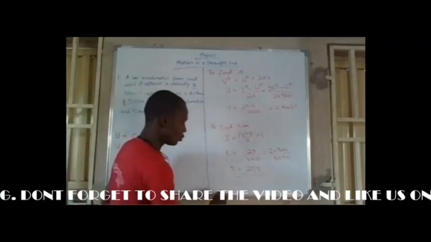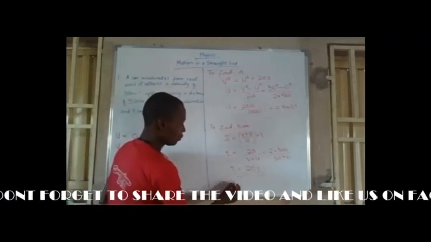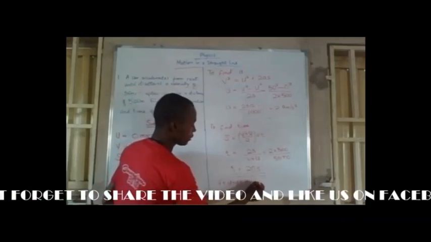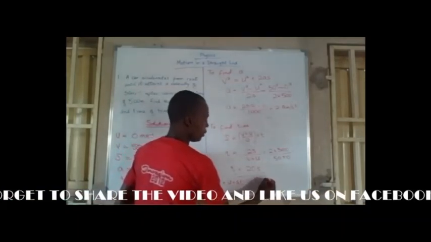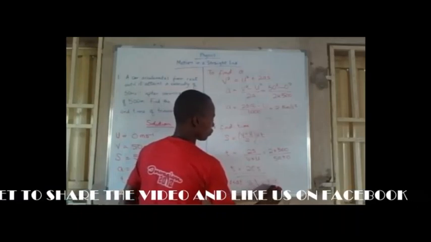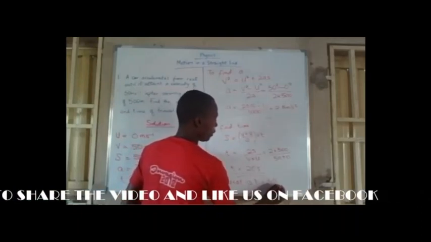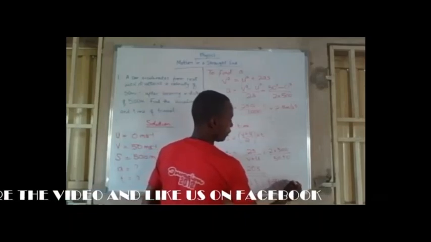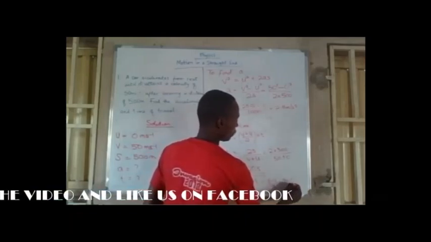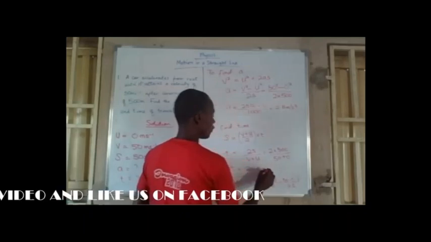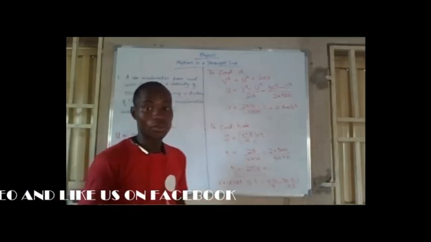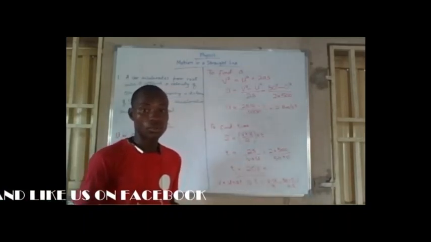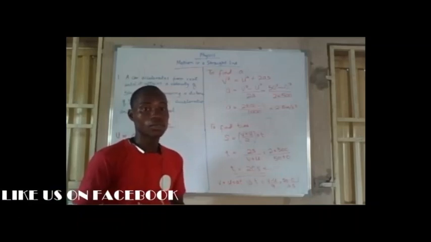Then t will be v minus u all over a, which is 50 minus 0 all over 2.5, and you still arrive at 20 seconds.